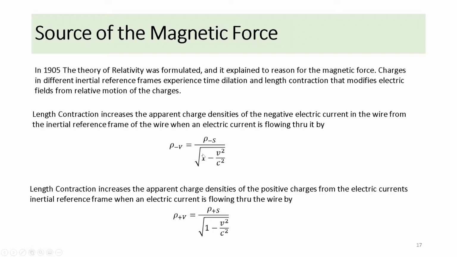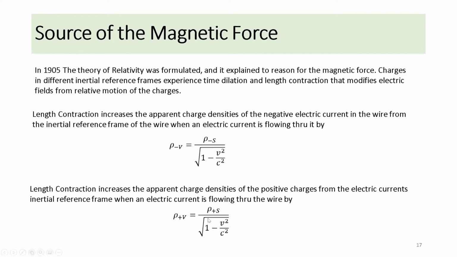What it basically says is, if I have a coulomb of current flowing down the wire at a certain velocity, all of a sudden it's going to look like a greater amount. The current density is going to look like it increases, until you hit the speed of light, and then it's an infinite increase. It's not that the wire is actually increasing in density; it's because of the time dilation that the wire looks like it has an increase in density of the electric current.